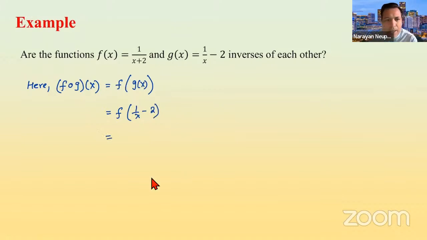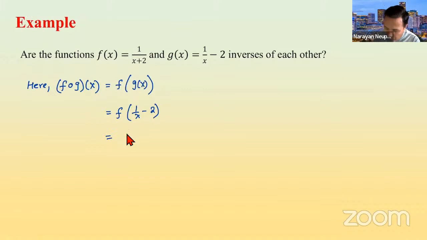Now, we are evaluating this function at 1 over x minus 2. If we are evaluating f of x, it will be 1 over x plus 2. If we want to find f of 7, for example, it will be 1 over 7 plus 2. In place of this x, we write that value. So in place of x here, we write 1 over x minus 2.